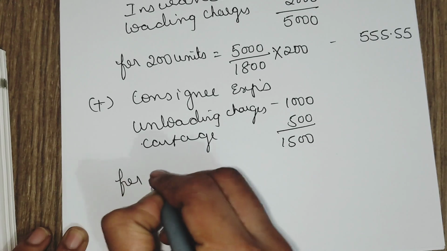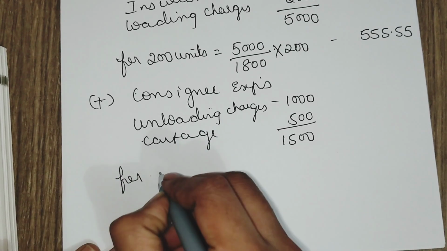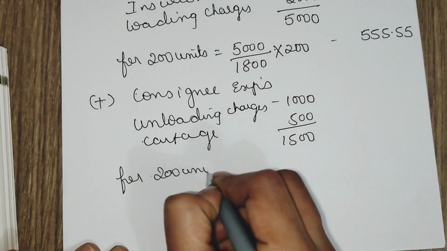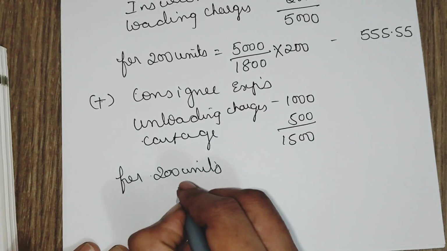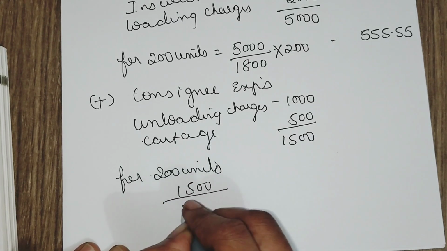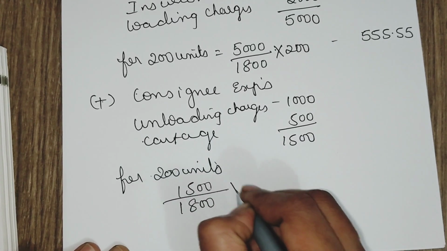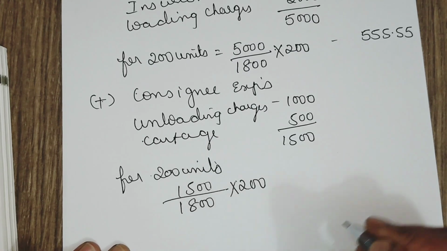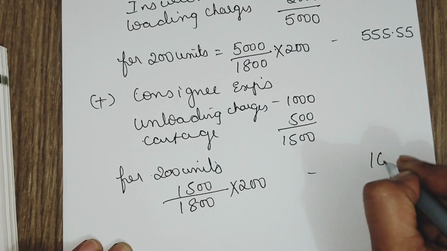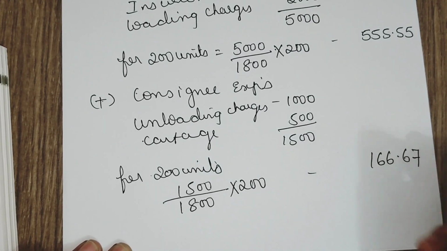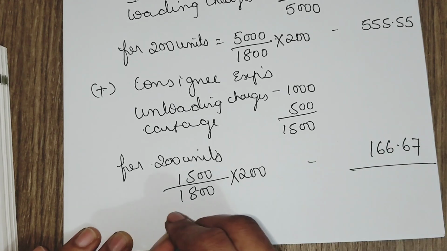For 200 units, 1500 divided by 1800 into 200, that is 166.67.